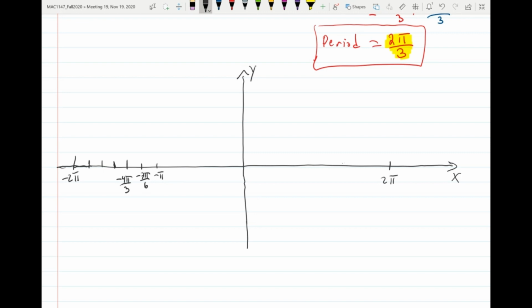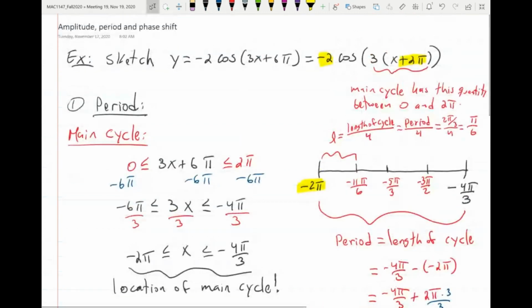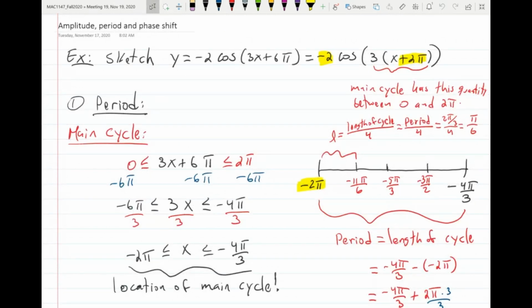Okay, so now remember, now we're going to use information, of course, of the negative 2. So normally you would write a graph that goes from 1 to negative 1, okay? But because we're multiplying by 2, we can easily see. So by the way, all of these that we did have to do with this part, okay? We did not take into consideration whatsoever what had to do with the negative 2.